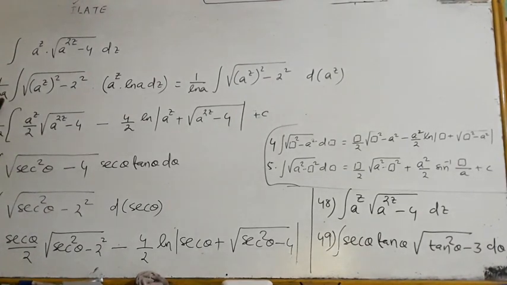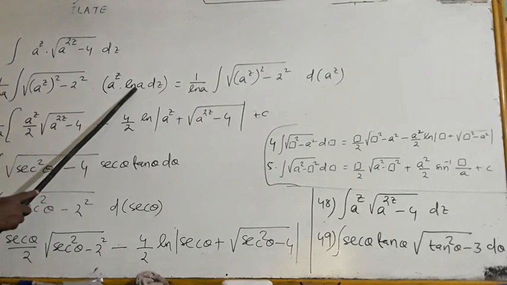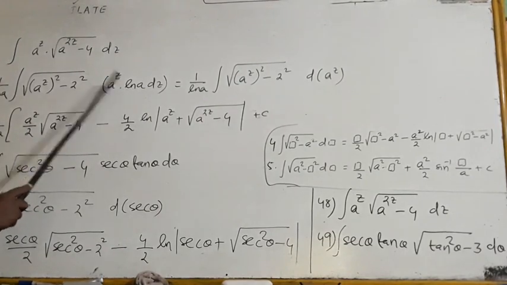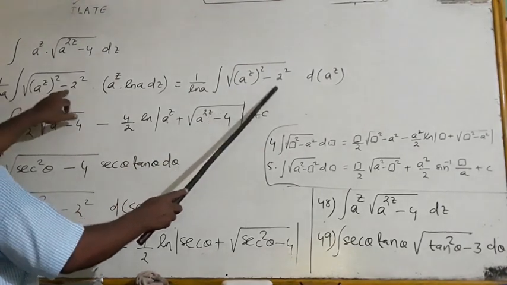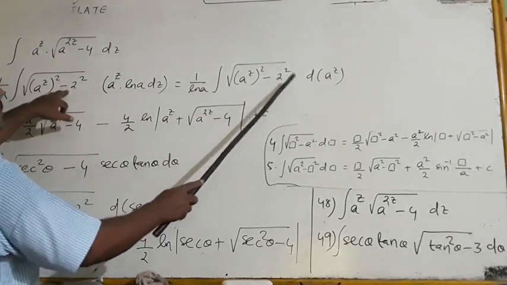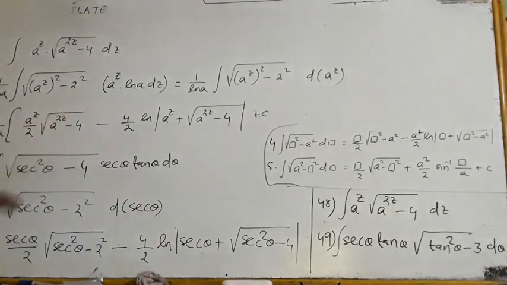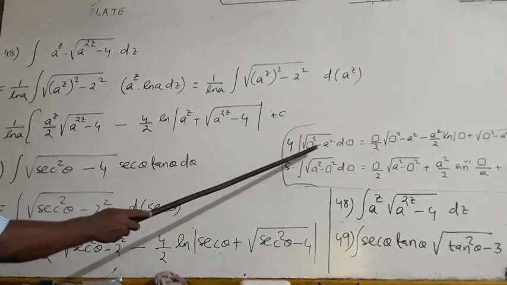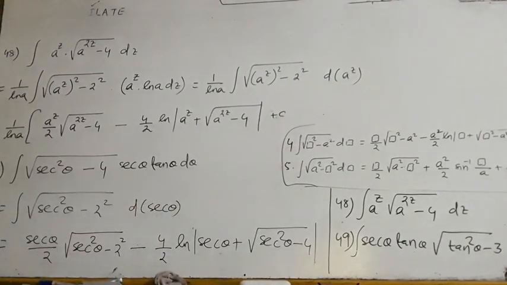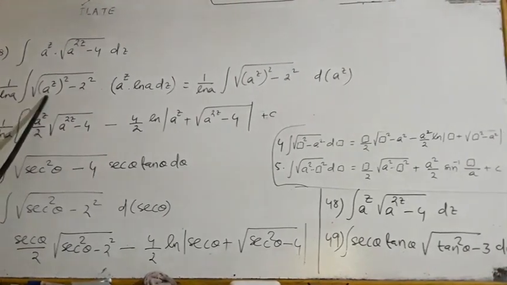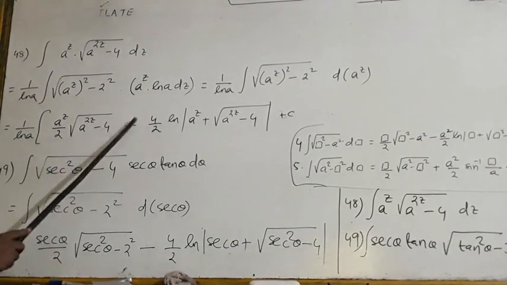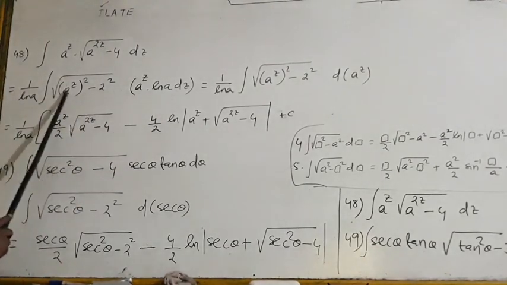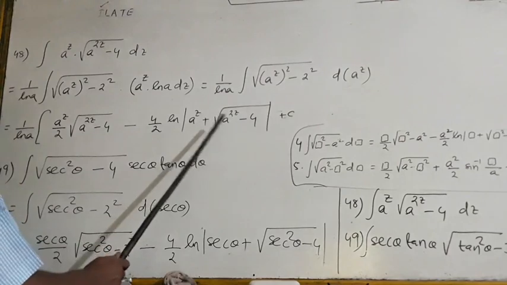Now I am dividing by ln a and multiplying by ln a, writing this as 1 by ln a times root of a to the power z whole square minus 2 square into the derivative of a to the power z. Now apply formula number 4: 1 by ln a times a to the power z by 2 root of a to the power 2z minus 4, minus 4 by 2 ln of a to the power z plus root of a to the power 2z minus 4.